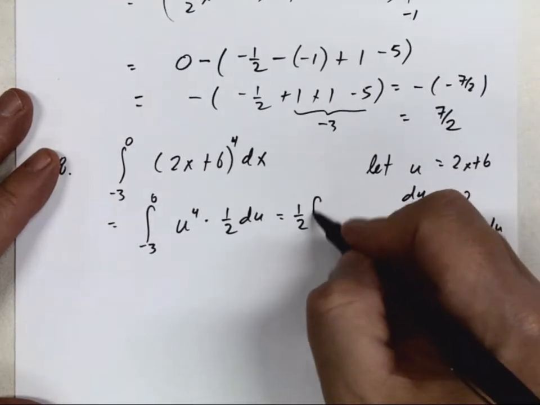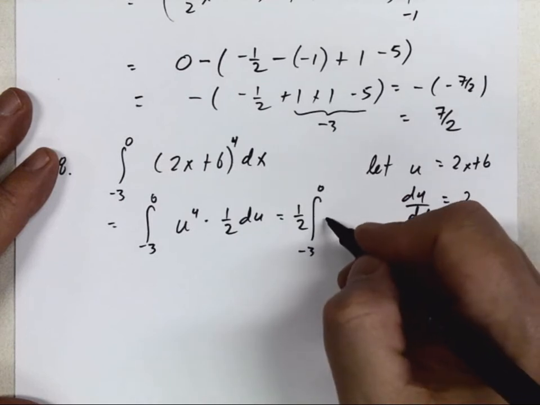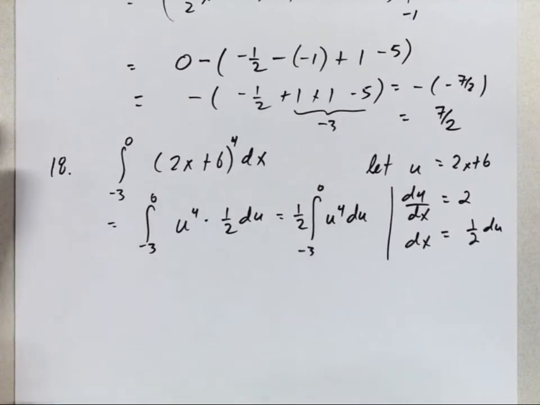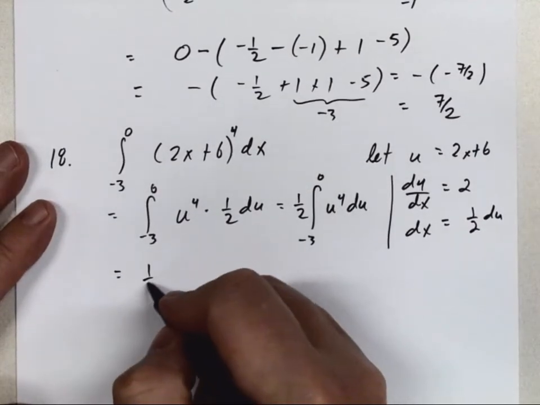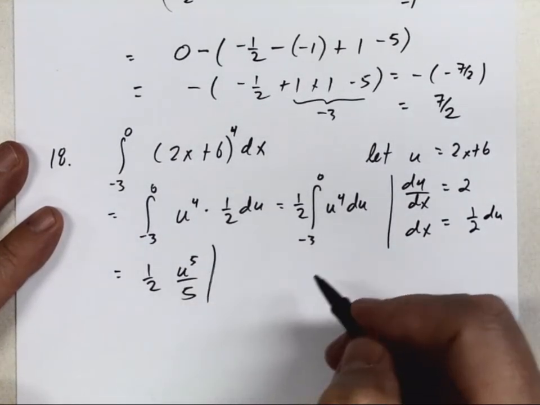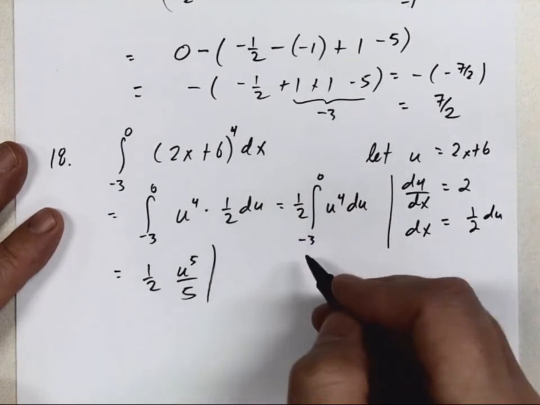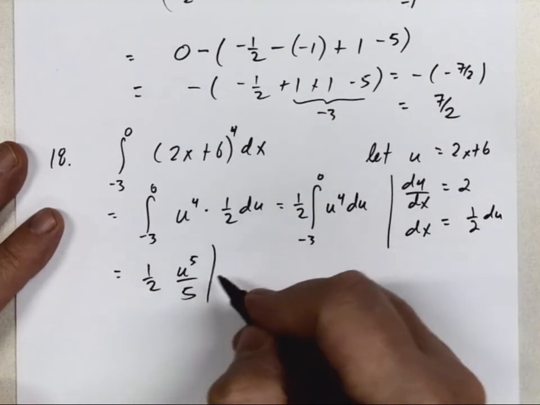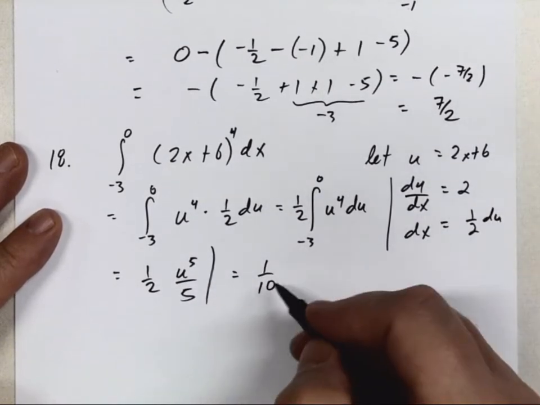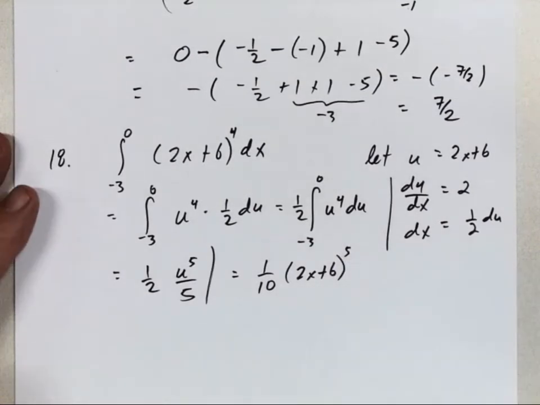If I pull the 1/2 out front, now it's just the power rule. U to the 4th means u to the 5th over 5. Let me not put the numbers in here yet, because these numbers are for x and not for u. I'll put them in a minute. Let's switch back to x. So this is 2x plus 6 raised to the 5th power.